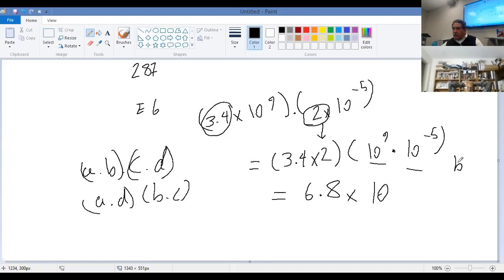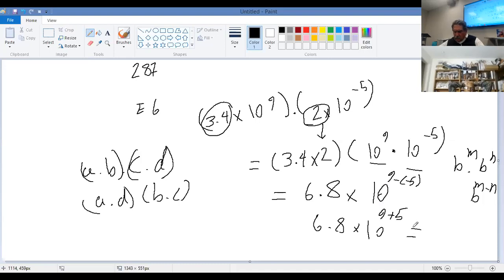Remember the rule, b to the power of m times b to the power of n is the same as b to the power of m plus n. So it would be 6.8 times 10 to the power of 9 plus 5, or 10 to the power of 14.